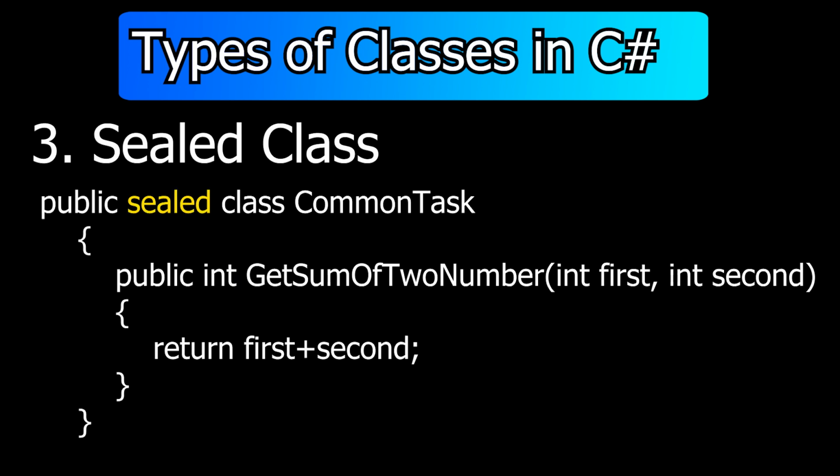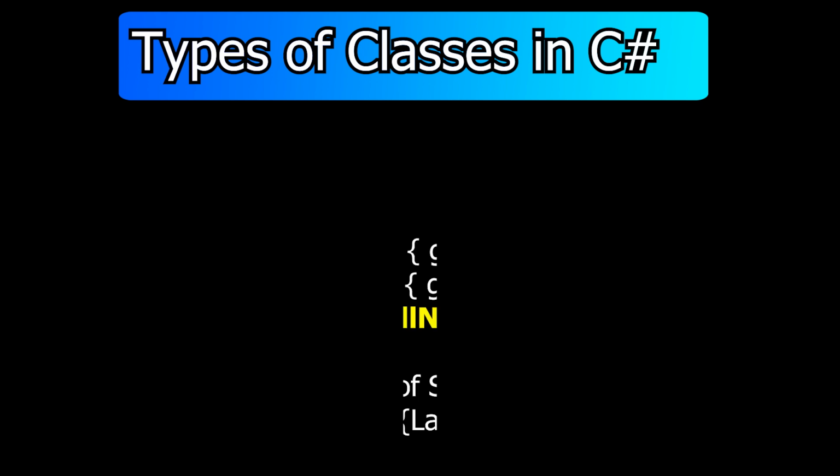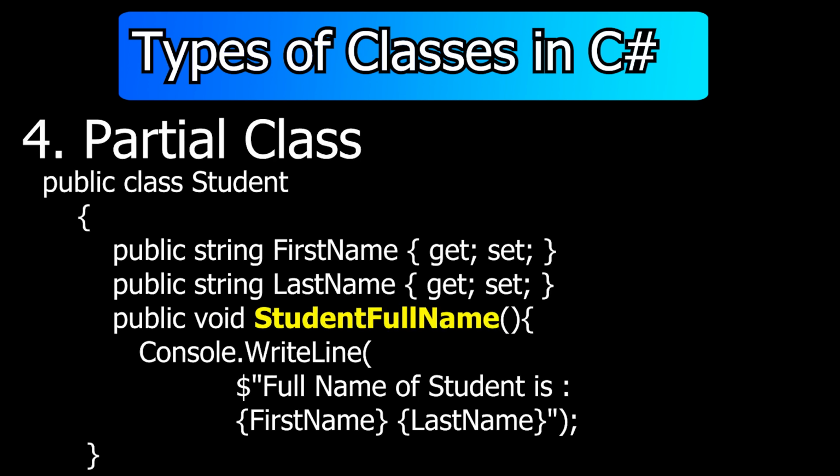Sealed class is a class which is not inherited by any other classes. This class is specially created for the purpose of not being inherited by any other classes. Partial class is used to divide the properties of one class into multiple source files. But at compile time, all these source files are grouped together to make one single class.